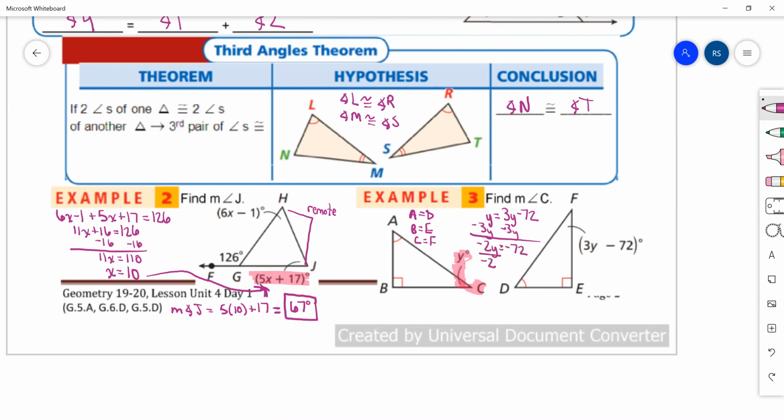Divide by negative 2. And get y equals 36. Now, the measure of angle C is equal to just y degrees. So that means it's 36 degrees. I mean, we plugged it in, but C is just y. So it worked out to be that simple.